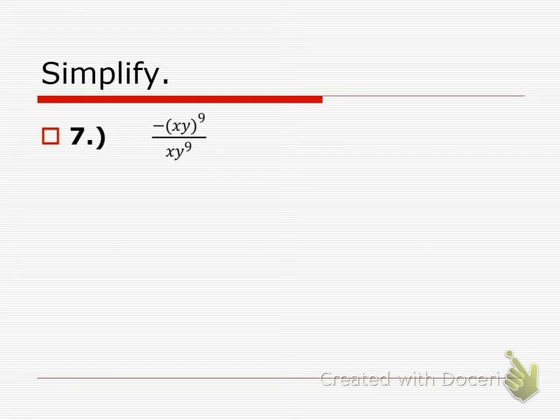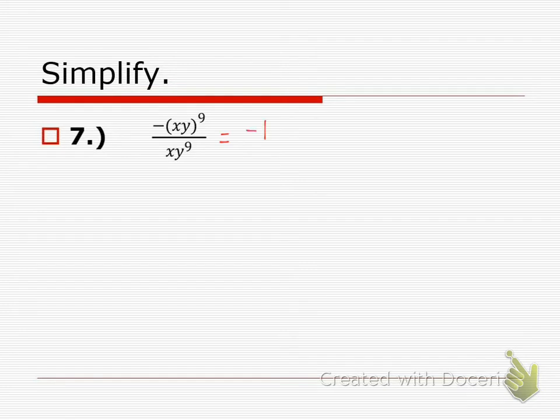What about the top? Well, we do have a negative 1, but I want to focus on the 9 out here. What does it belong to? Good. Everything inside the parentheses. Does it belong to the negative? No. Okay, so we could rewrite this.